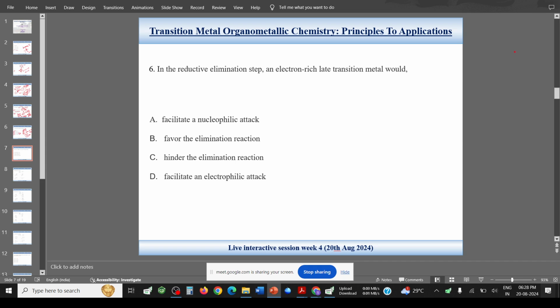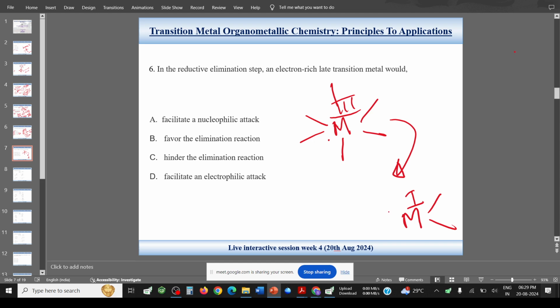The reductive elimination step comes after the oxidative addition, which gives a complex with M in a higher oxidation state, like +3 with 6 ligands. It goes back to the original catalyst with 4 ligands after eliminating 2.